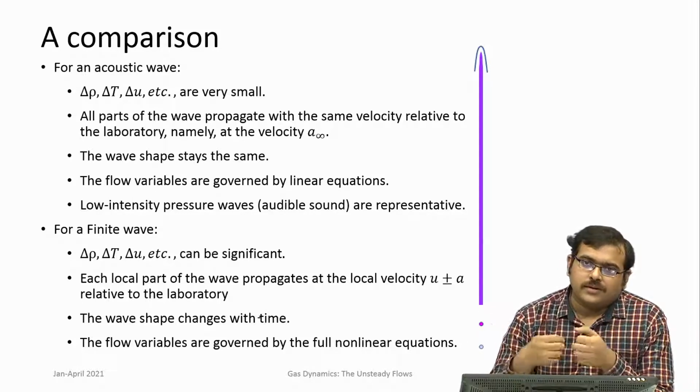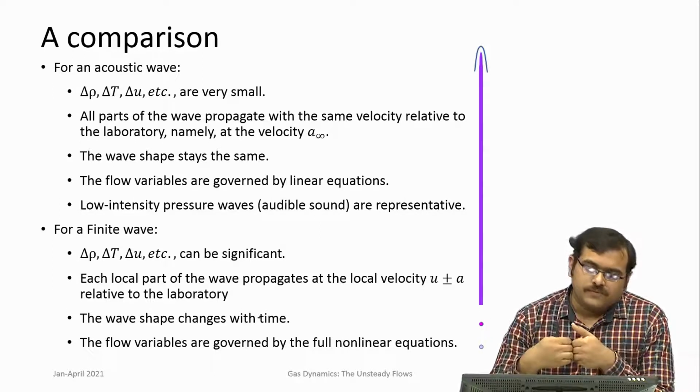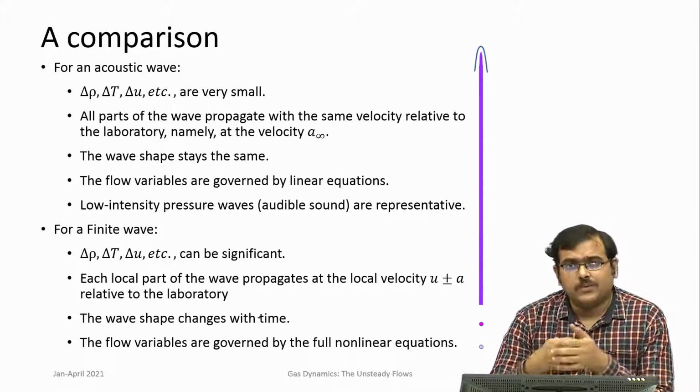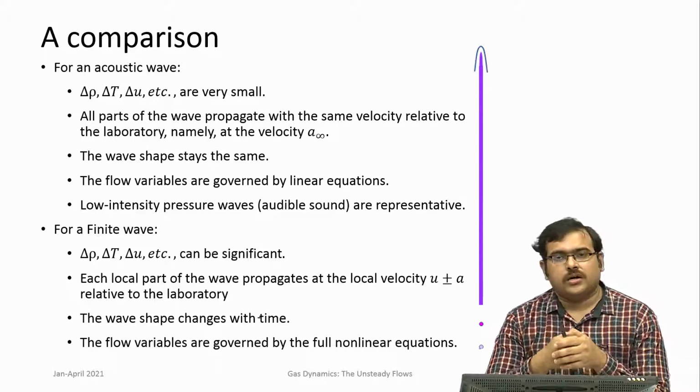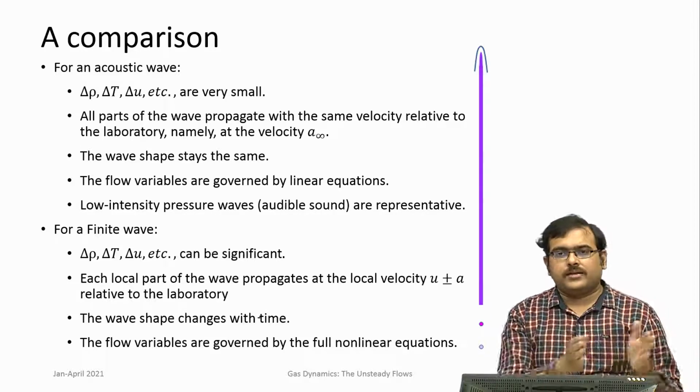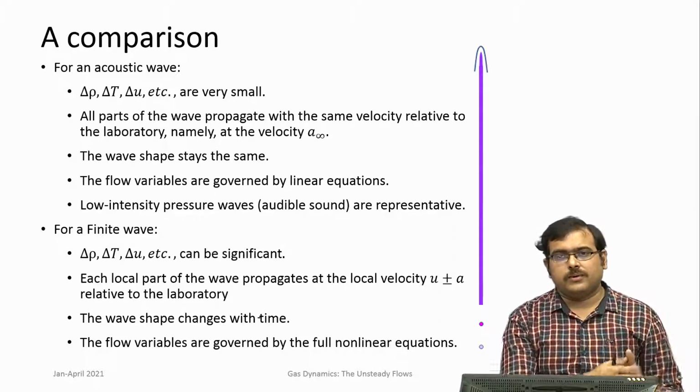Because of this variation, the initial shape of the wave changes with time, so it gets deformed, and these equations are fully non-linear. So how can we apply this to shock waves, the shock tube problem?